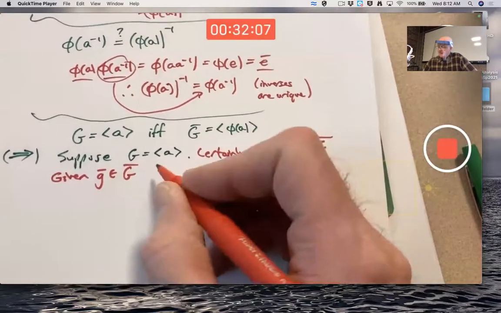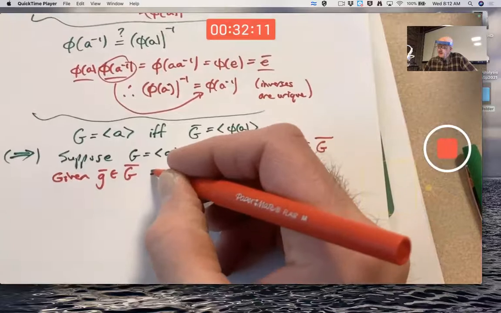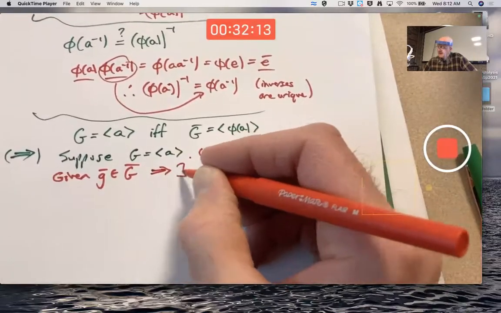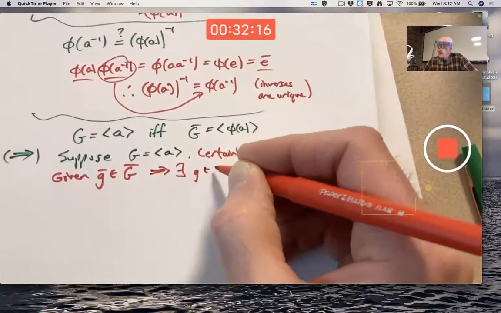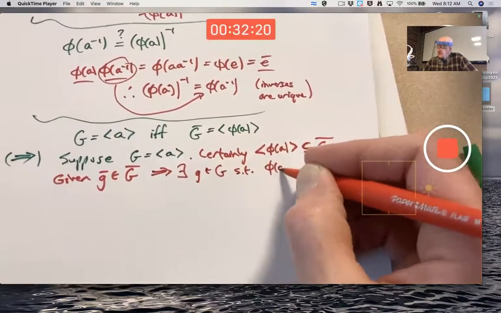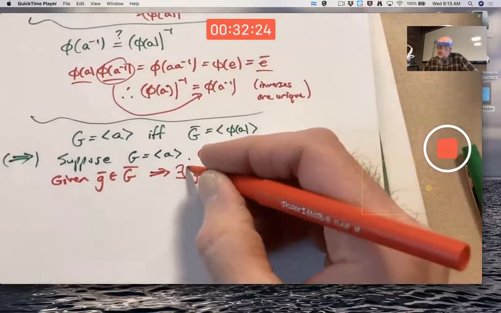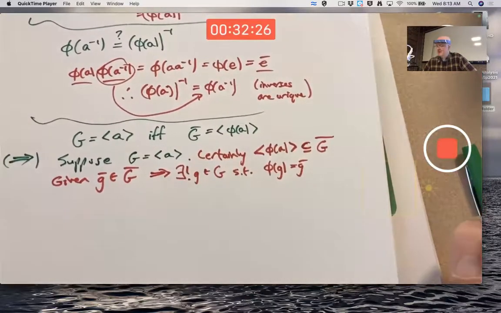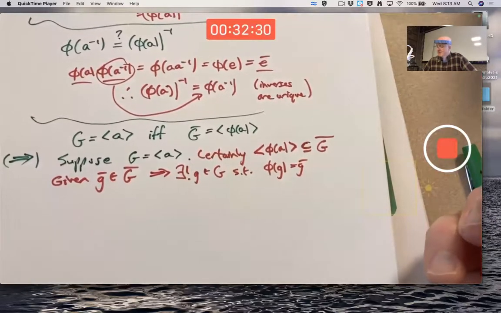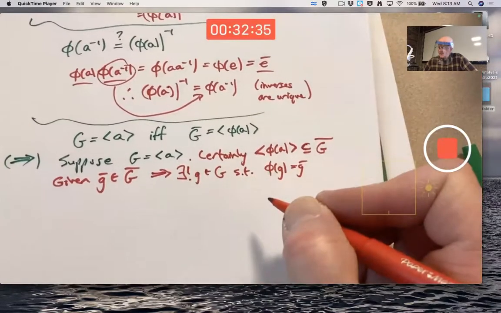You can say that implies there exists a little g in capital G such that phi of g equals g bar. You can even emphasize it's unique if you want, but the uniqueness is not necessary. But little g being in capital G means it's a power of A.